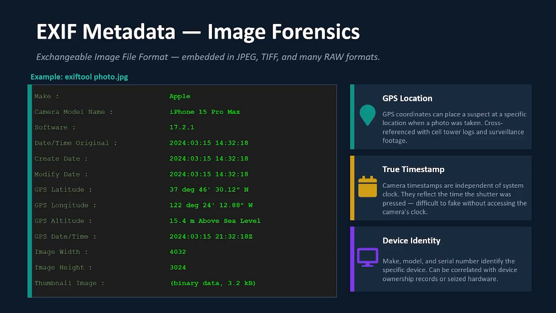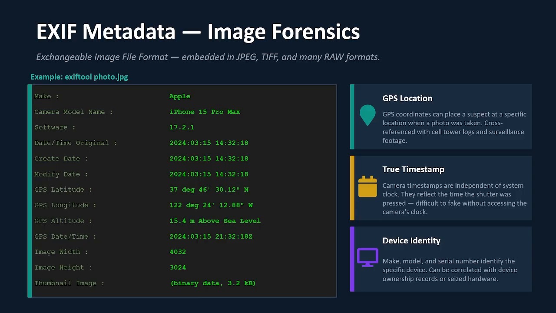Using those coordinates, you can find out exactly where that particular image was taken and correlate it with where someone says that they were or were not. It also includes the image width and image height. The thumbnail is also part of that image metadata, and a lot of times you can extract that separately, especially using EXIF tool.